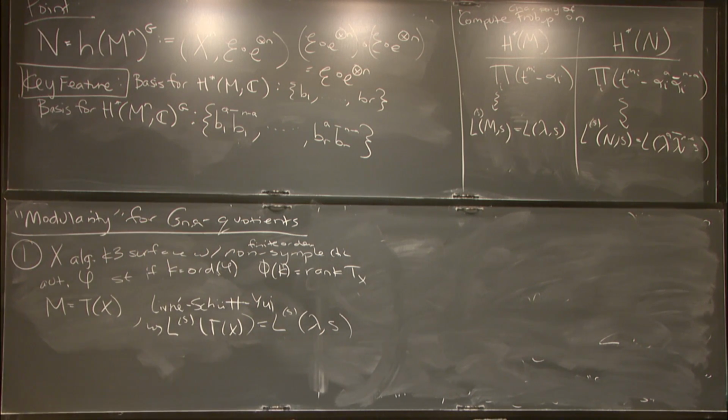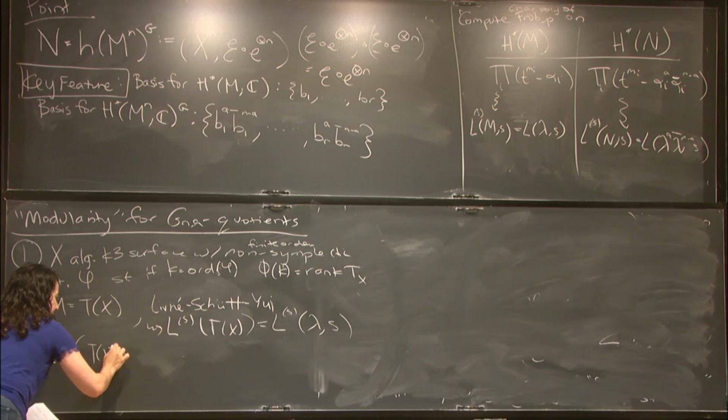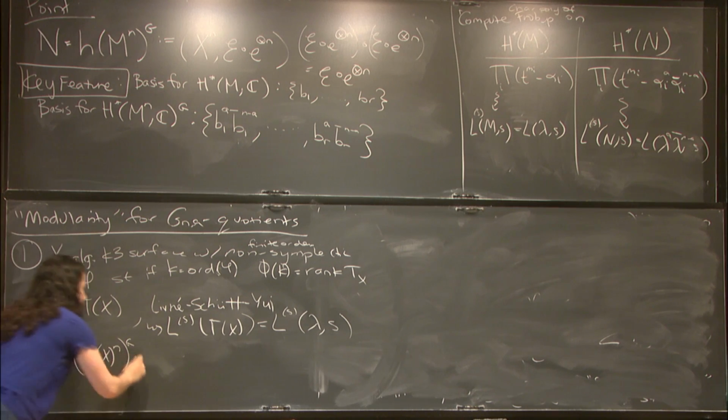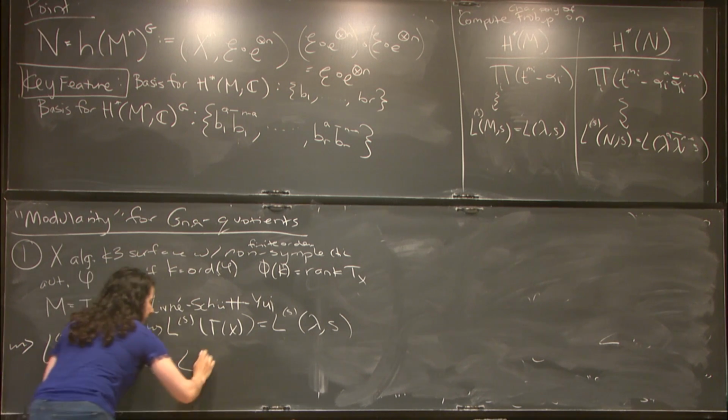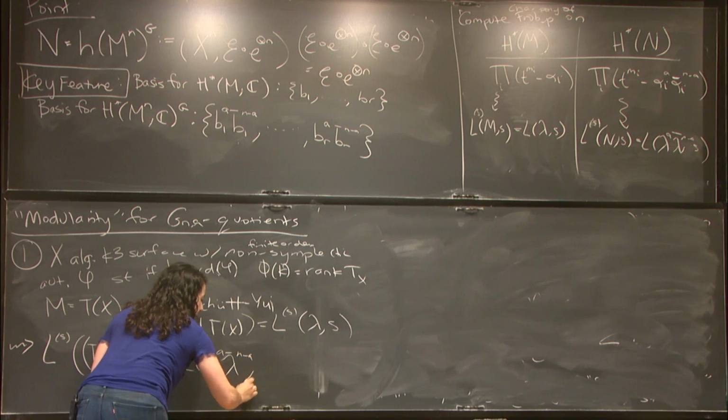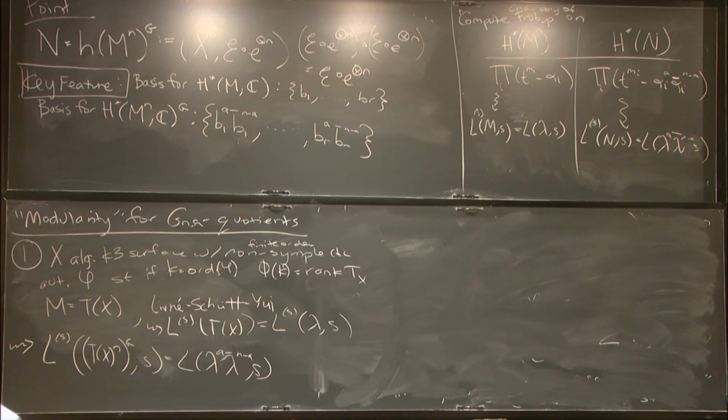And what I claim my theorem implies is that I actually have modularity for T(X) to the N G-invariants, for lambda bar to the N minus a, for any choice of N and a that I want.